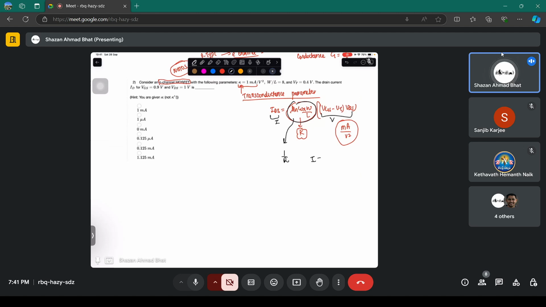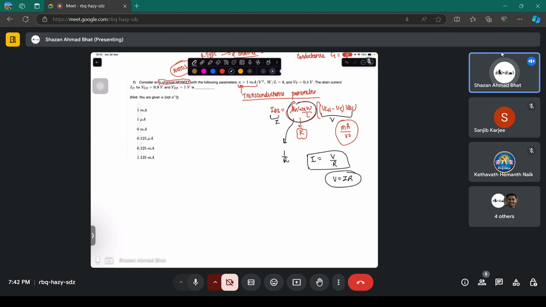So I is equivalent to V divided by R, V equals IR. It should boil down to Ohm's law, at least in this case, the linear case, not in the saturation case. In the saturation case, V equals IR is not followed. Ohm's law is no longer valid in the saturation case because I is not linearly varying with V.